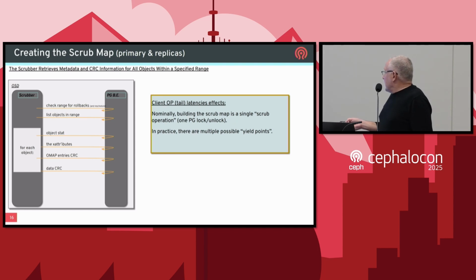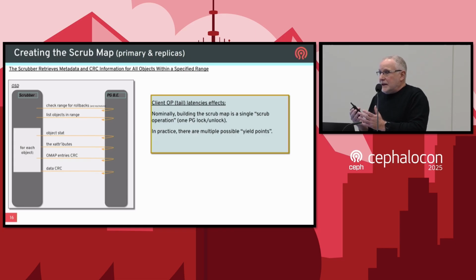Now, nominally, the operation performed here, which is scrubbing or collecting the data of a chunk of a list of objects, 25, 10, whatever, of the list of objects, is one PG operation.